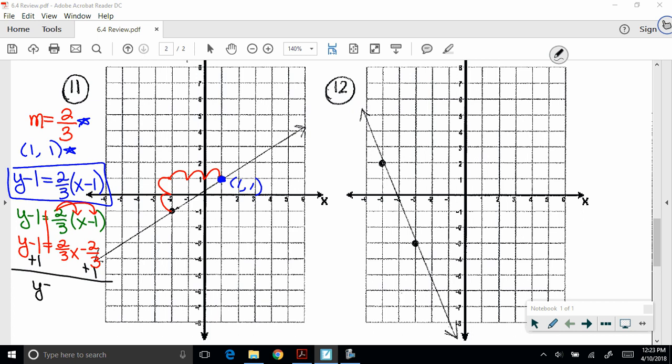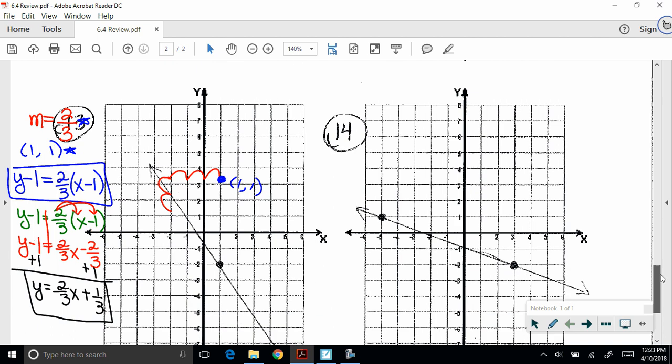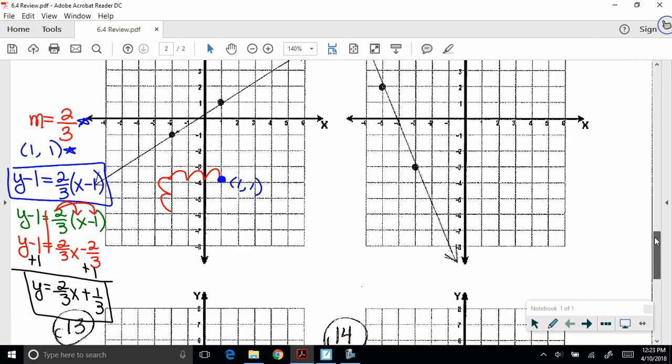So y equals 2/3 x plus, and if you do that on your calculator, -2/3 plus 1, you would get 1/3. There's my answer in slope intercept form. And that's what you're going to do on 11, 12, 13, and 14.